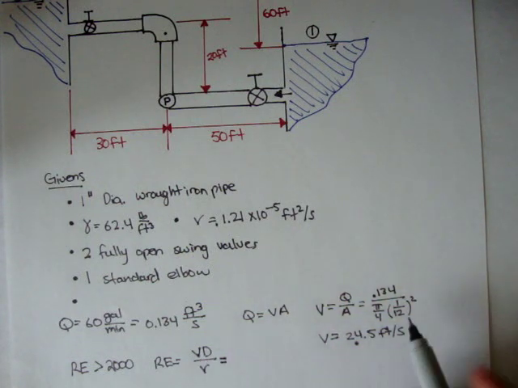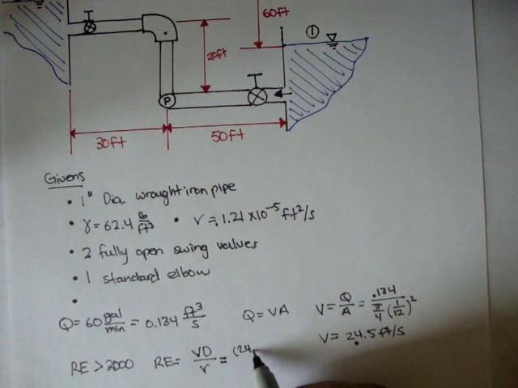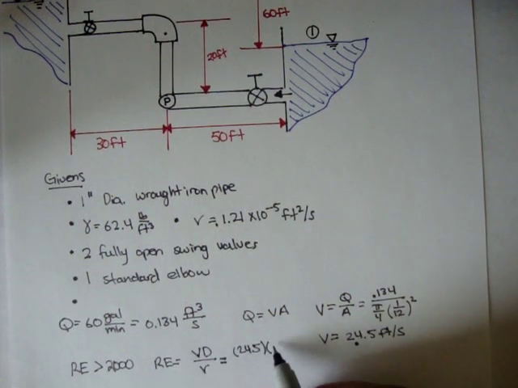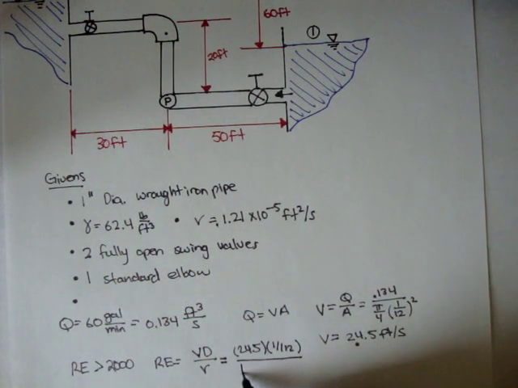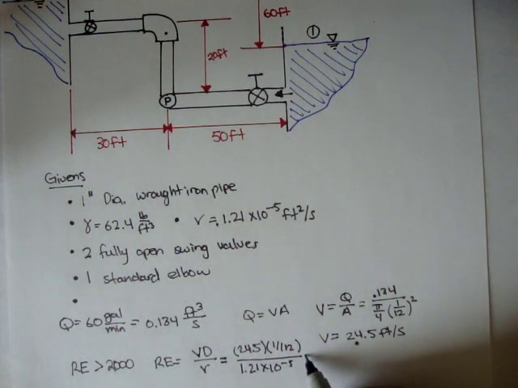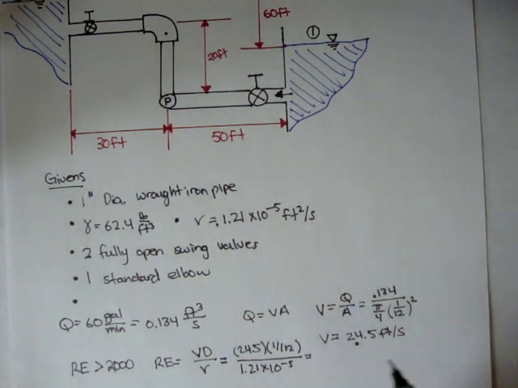And the velocity we found to be 24.5. Diameter is 1 inch, or 1/12 of a foot, divided by 1.21 times 10 to the -5th. And if we solve the Reynolds number, we get 1.69 times 10 to the 5th, which obviously is much greater than 2,000.